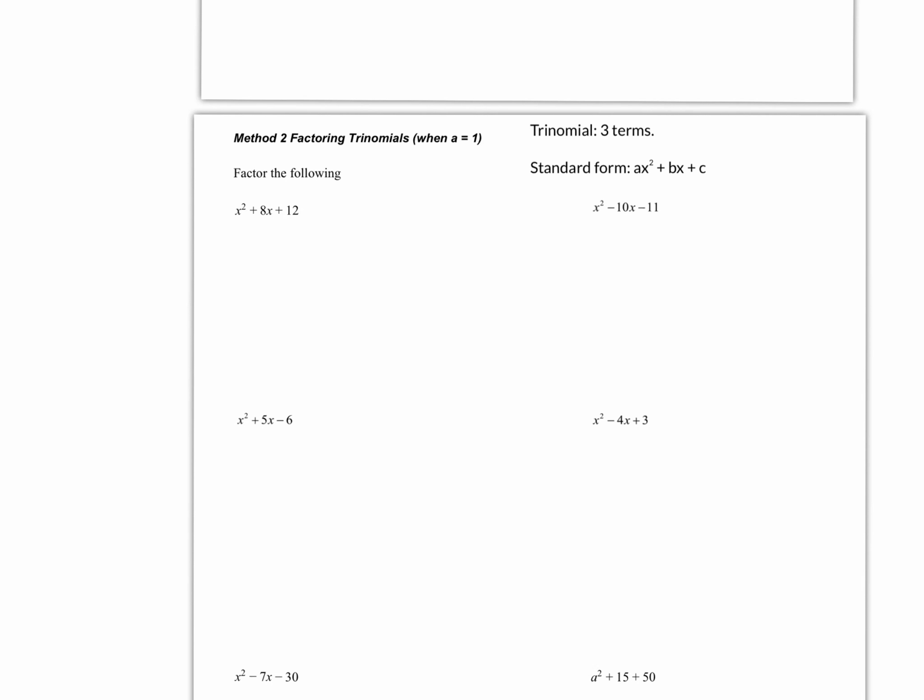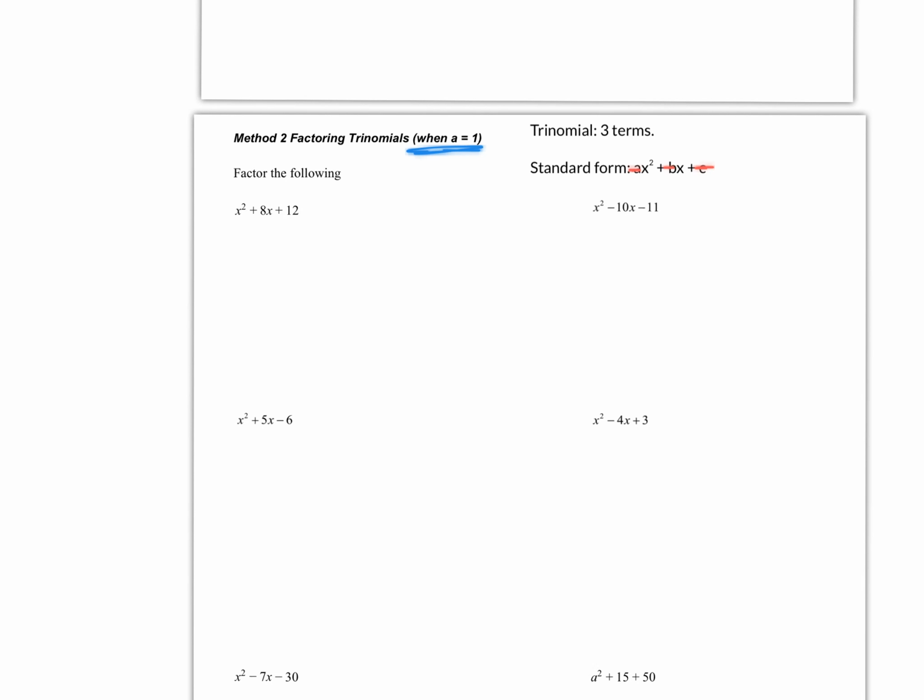They're different numbers. When a is 1, it means that all of these squared terms are just going to have a coefficient of 1 in front. That's it. So the first example is just x squared plus 8x plus 12.